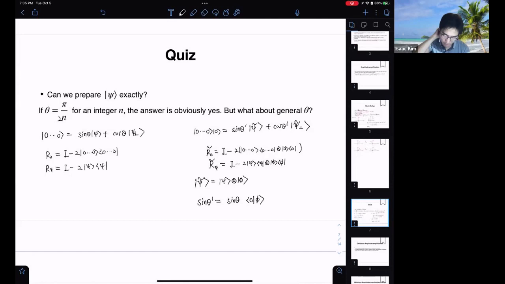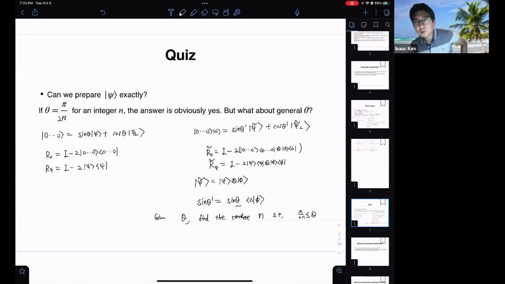Okay, so the basic idea is that, let's say theta is an arbitrary real number. Given theta, you find the smallest n such that pi divided by 2n is less than or equal to theta.